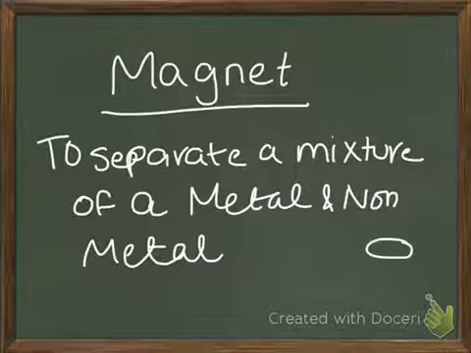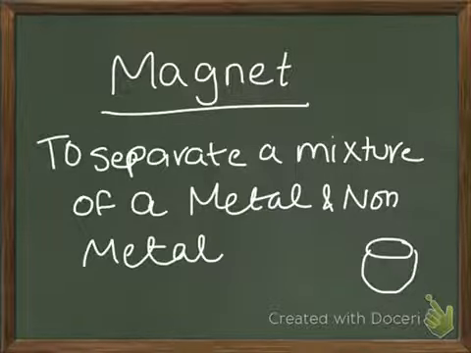Let's take an example. You have a bowl which contains sulfur powder, marked in white, and iron powder. You have iron powder like this. So how will you separate it?